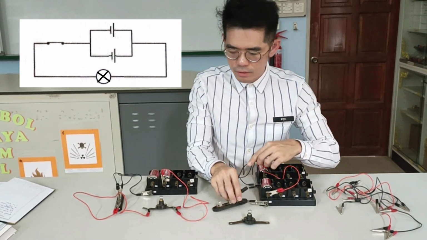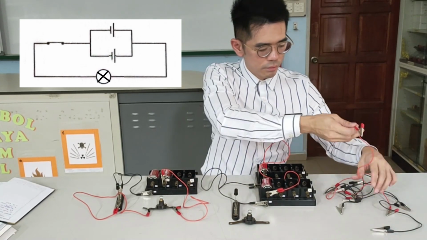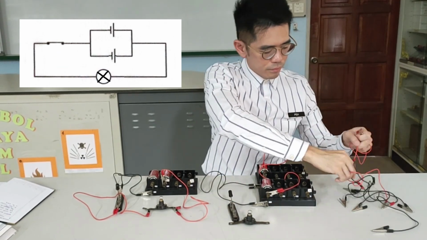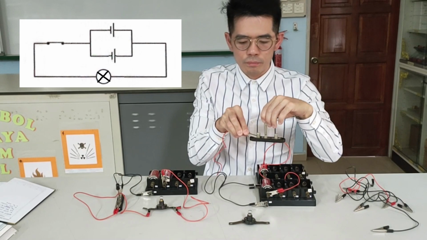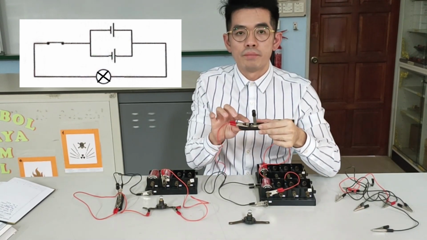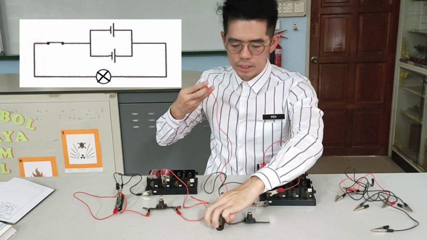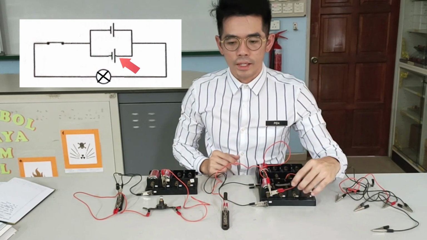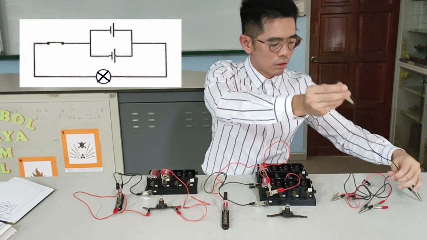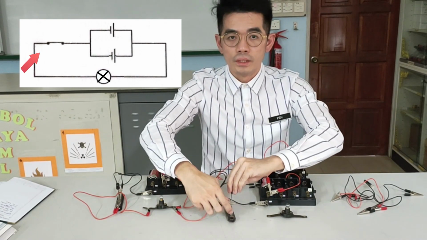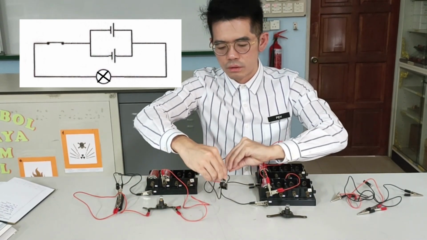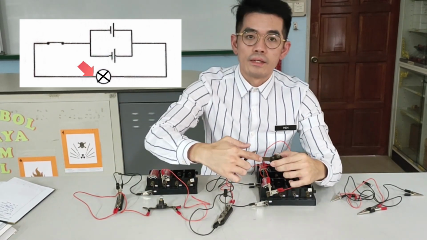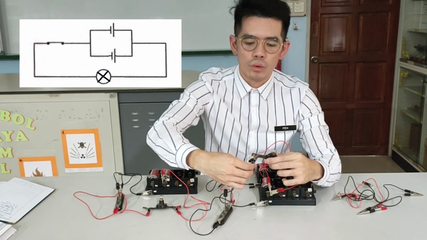After that, we connect our dry cell holder to the switch. Make sure it connects to the metal part of the switch. The other side will be at the positive terminal. Then connect the other side of the switch to the other side of the bulb holder.